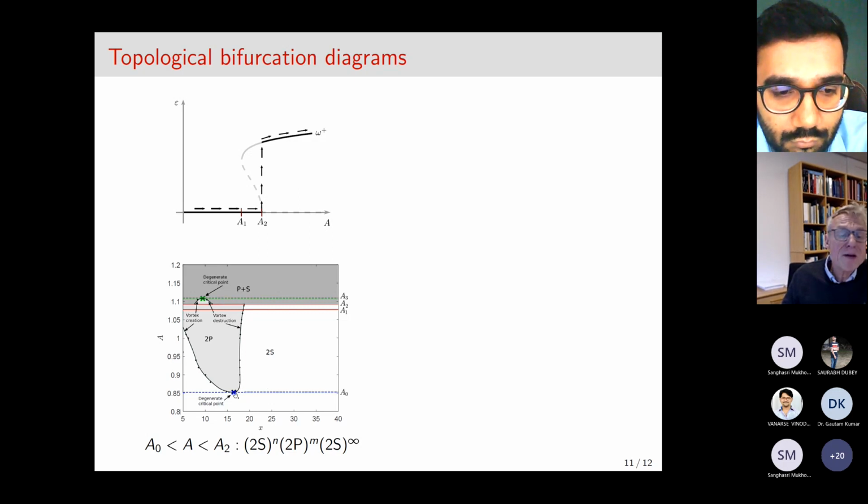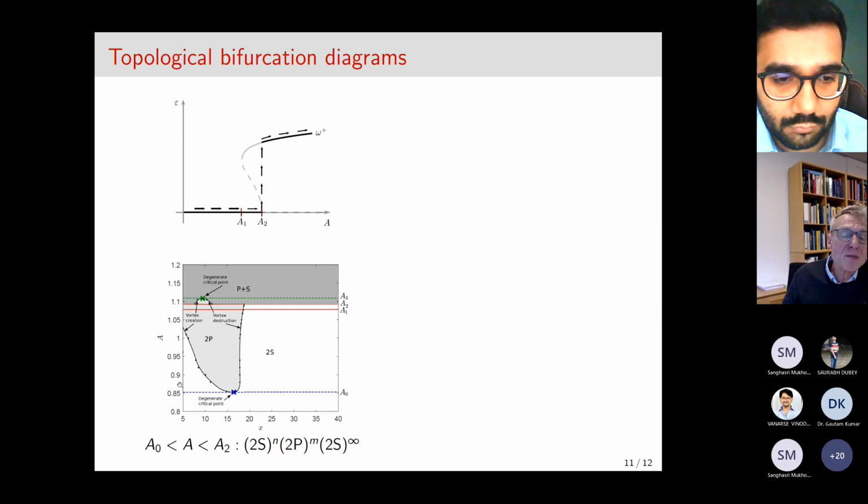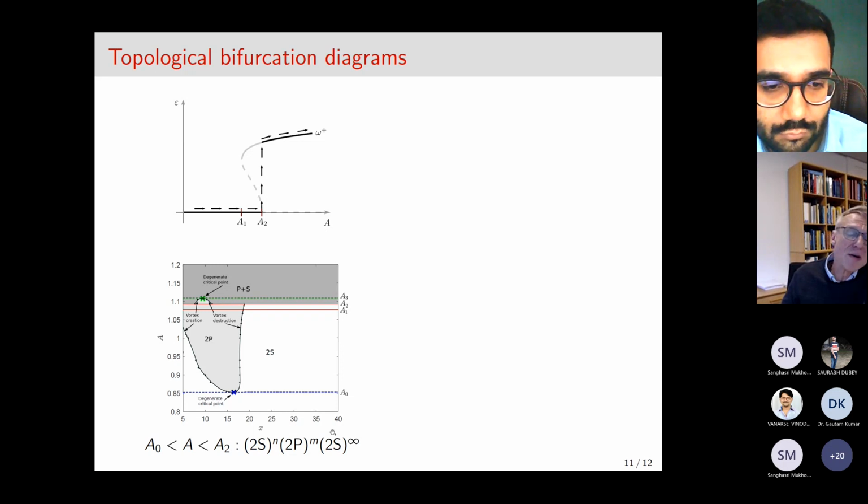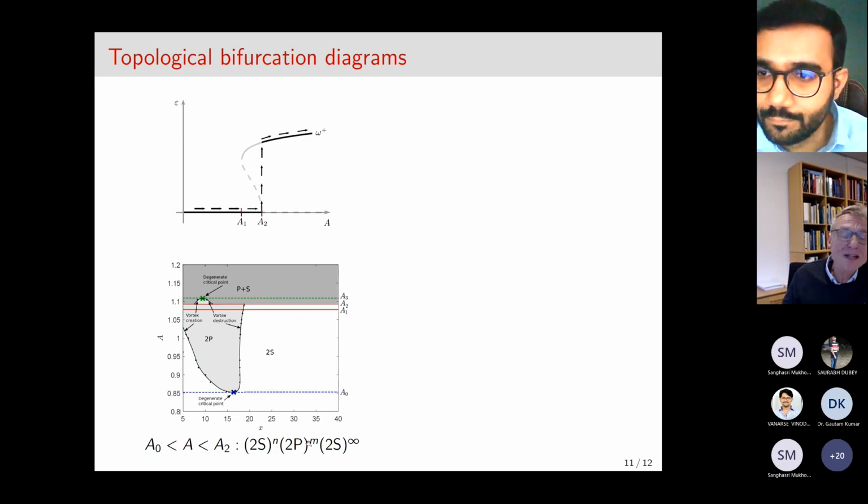So in this region here, the gray region, you have 4 vortices, so in a 2P configuration. But before that and after that, you are back to only single vortices. And as you increase the value of A, the number n gets smaller and p gets larger as you move up here.